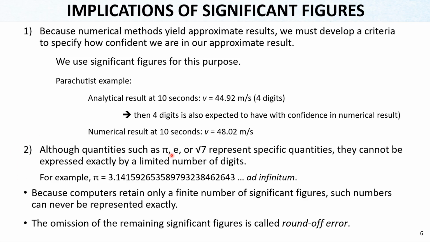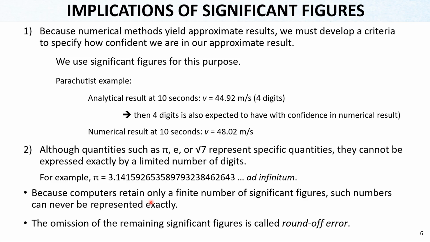Secondly, quantities such as pi, exponential, or root 7 represent specific quantities which don't have a limited number of digits. So these actually have an infinite number of digits. For the pi example, you can see that it goes from 3.14 up to infinity. So we need to chop this off at some point.